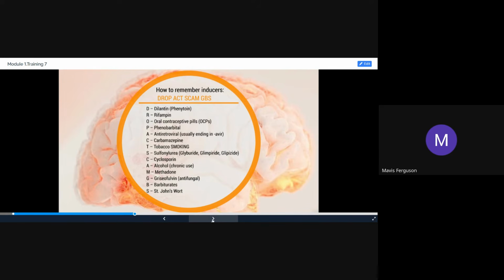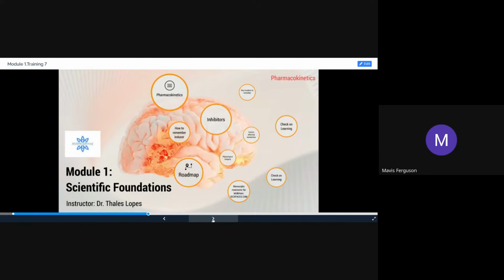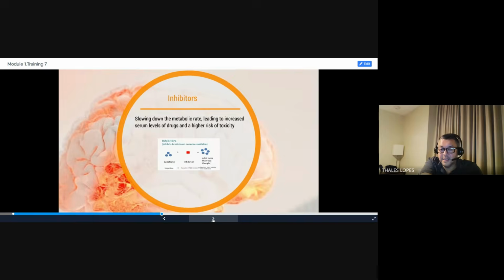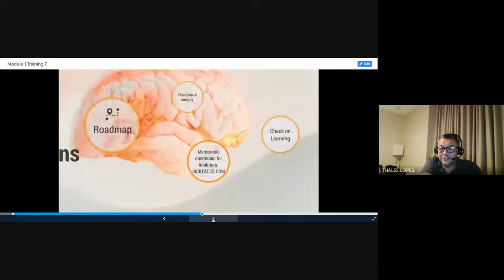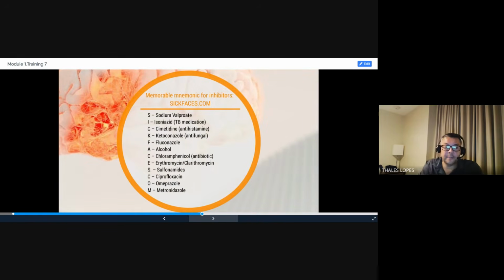That's how I always think about it and remember that it's an inducer. Yes, good. That's one way that a lot of people do remember. If that works for you, great. A lot of people use mnemonics like this too. So thank you for sharing.